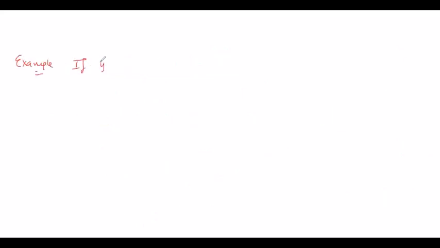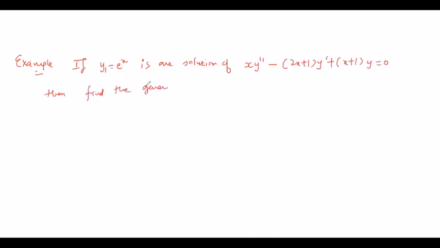If y1 is e raised to power x is one solution of x y double dash minus (2x plus 1) y dash plus (x plus 1) y is equal to 0, then find the general solution.